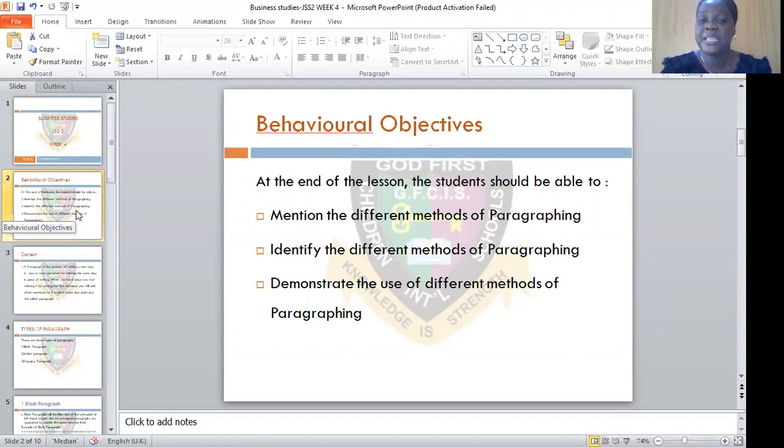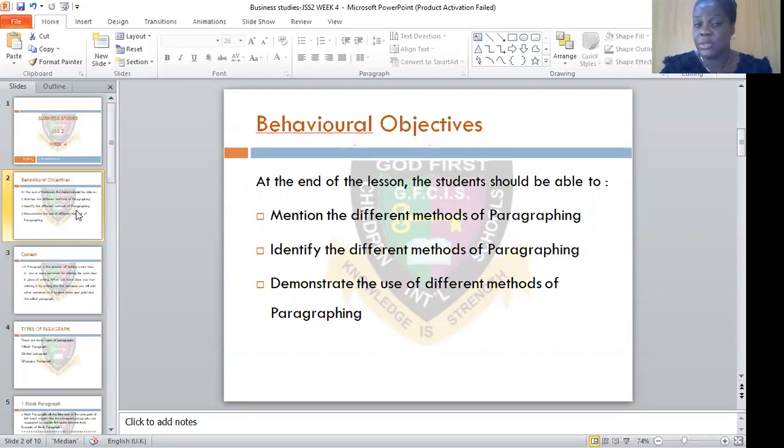Not only mentioning it, you identify the different methods of paragraphing. You can mention, but you should be able to identify it, that this is this, this is that. Then you should as well be able to demonstrate the use of different methods of paragraphing.